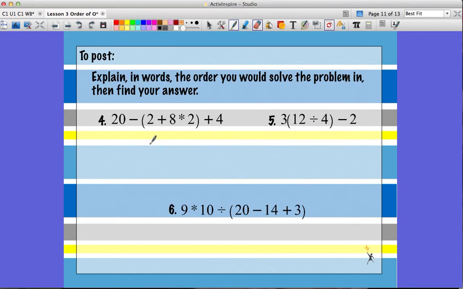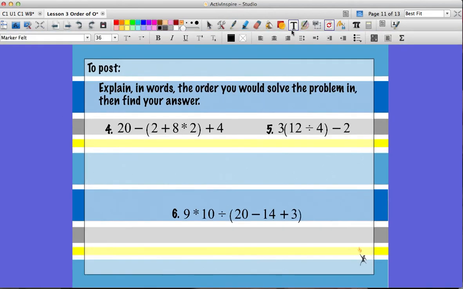Okay, so what I want you to do is you are going to post your answers to number 4 and 5 on Edmodo. However, I want you to also post what you would do in what order in words. So I'm going to do number 6 as an example for you and show you what I'm looking for here. So for number 6, I would first have to do what's inside the parentheses.